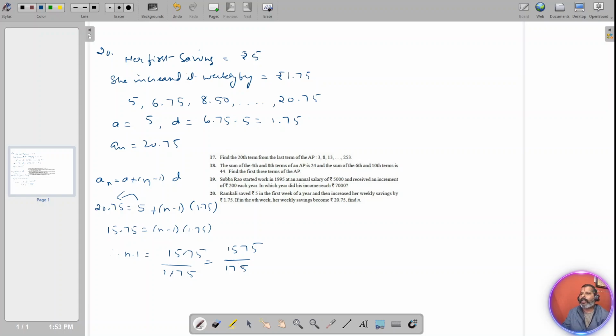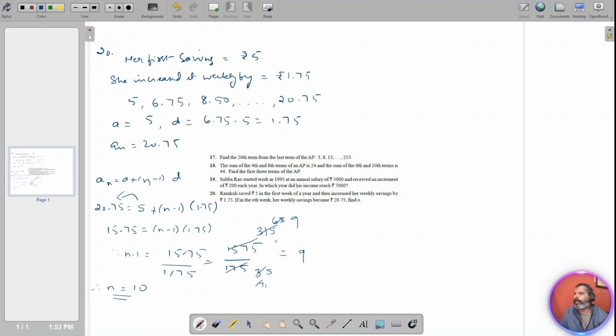Okay, just check here. 5 3s are 15, 5 5s are 25, 5 7s are 35. 5 times 9 is 45. 5 3s are 15, 7 1s are 7, 9s are 9. Therefore, N becomes how much? 9 plus 1 is 10.